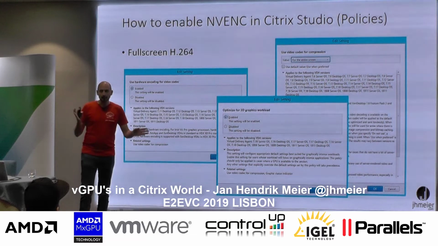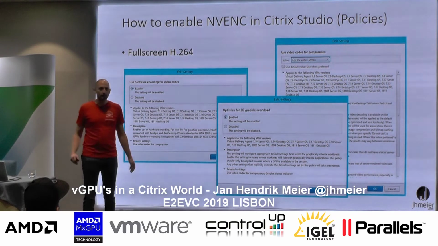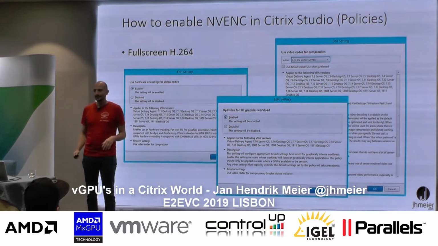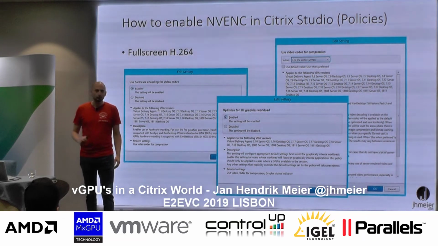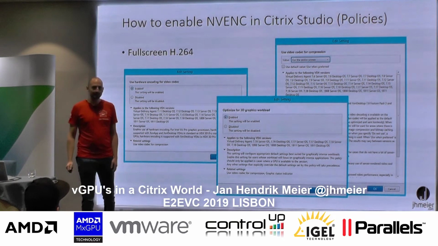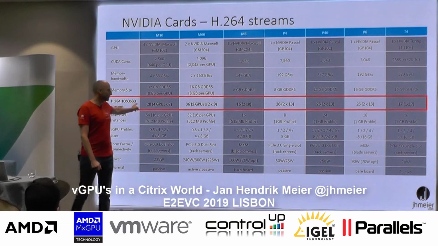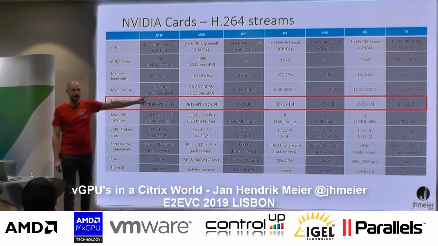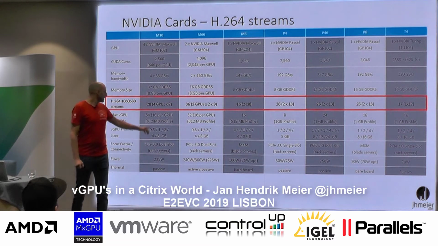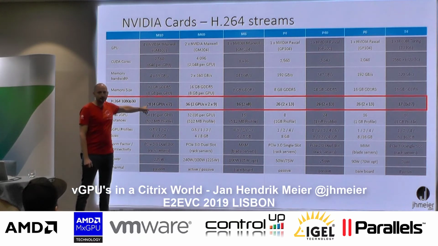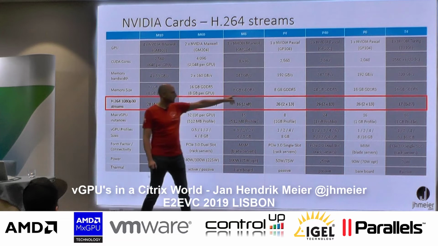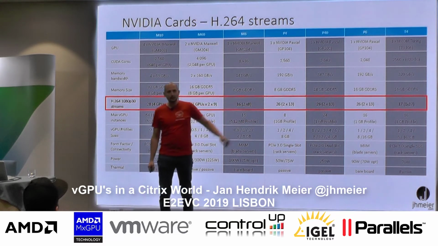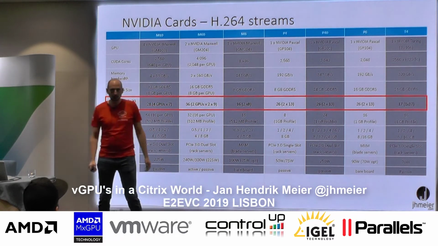So if you now think, it's all fine, I just put everything on the graphics card and my users are running fine, there's another point you need to consider when planning your graphics card. Because if you have a deeper look, H.264 streams are limited depending on the graphics card. So an M10 is able to handle 28 streams, in contrast to a current T4 which is only able to handle 17 streams.